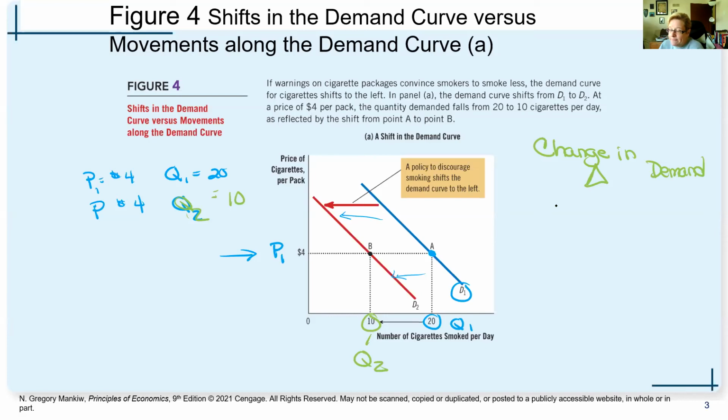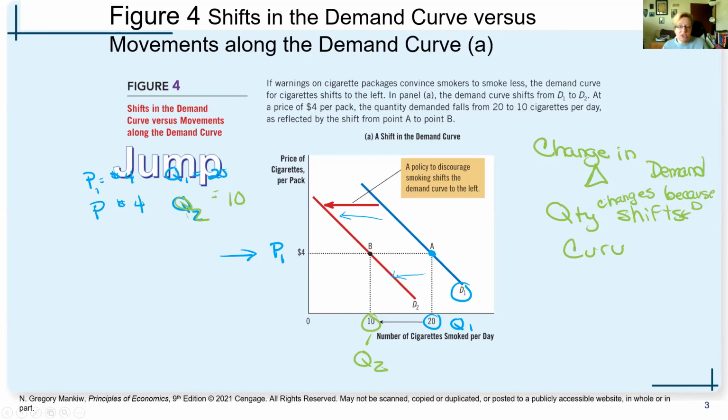Price remains the same, but the quantity changes because the demand curve shifts. So we see a jump.